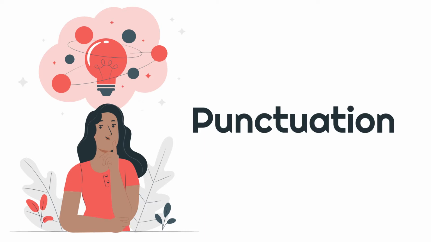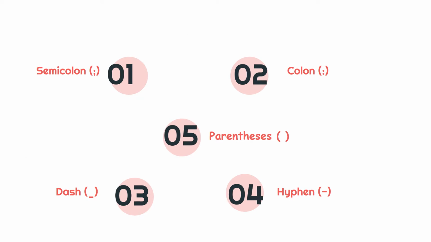But today we will be getting to know new punctuation. The first one is the semicolon. Number 2, colon. Number 3, dash. Number 4, hyphen. And number 5 is parentheses. Today we'll learn how to use all of them and when to use them.